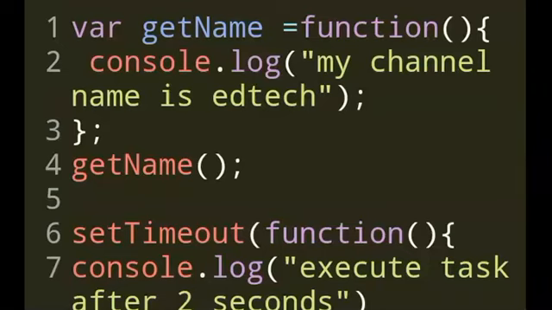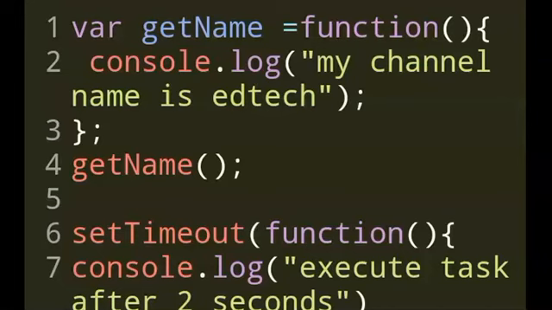You have the setTimeout function, and within the parenthesis, I write the anonymous function, and then I console.log execute task after 2 seconds. Then I give it the 2000 value, because 2 seconds is equivalent to that. And then I get the result, execute task after 2 seconds.